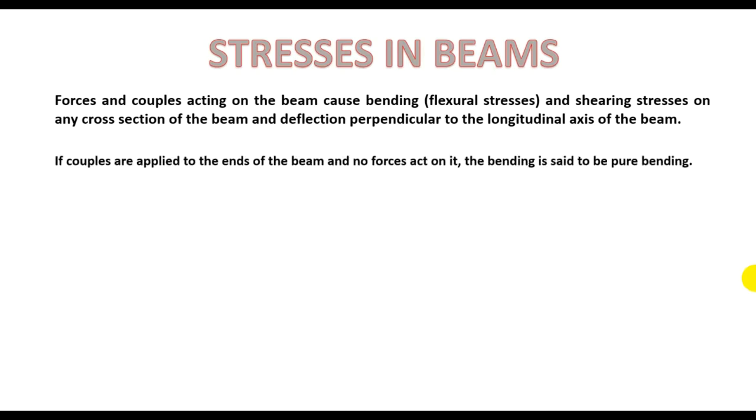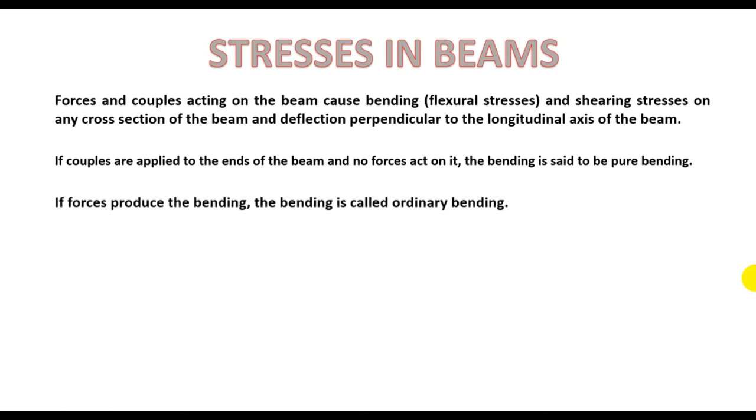If couples are applied to the ends of the beam and no force acts on it, the bending moment is said to be pure bending. If a force acts on the beam but no couples work on the middle of the beam, and it works at the side of the beam, then this type of bending is known as pure bending.